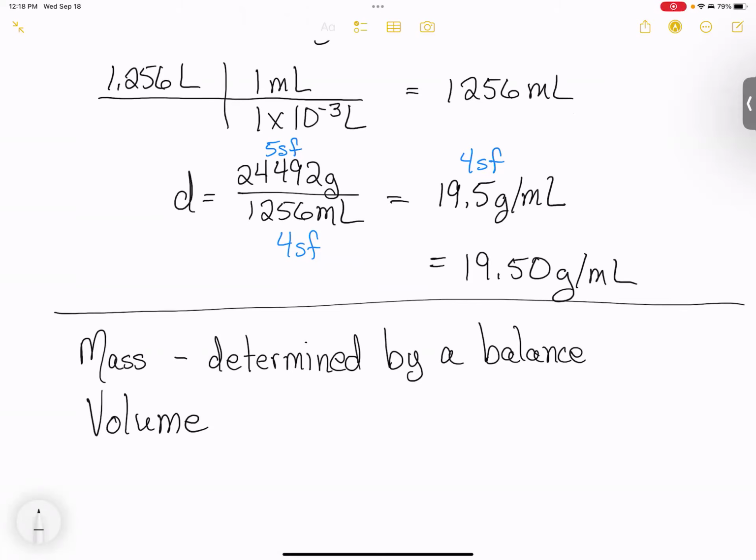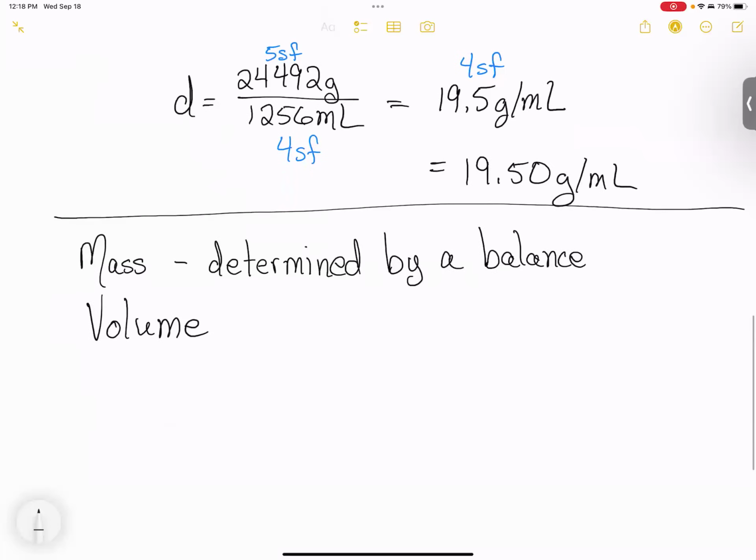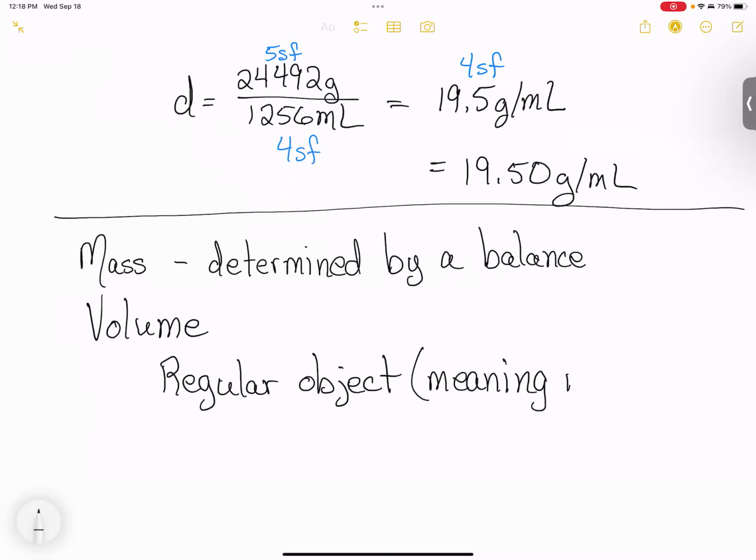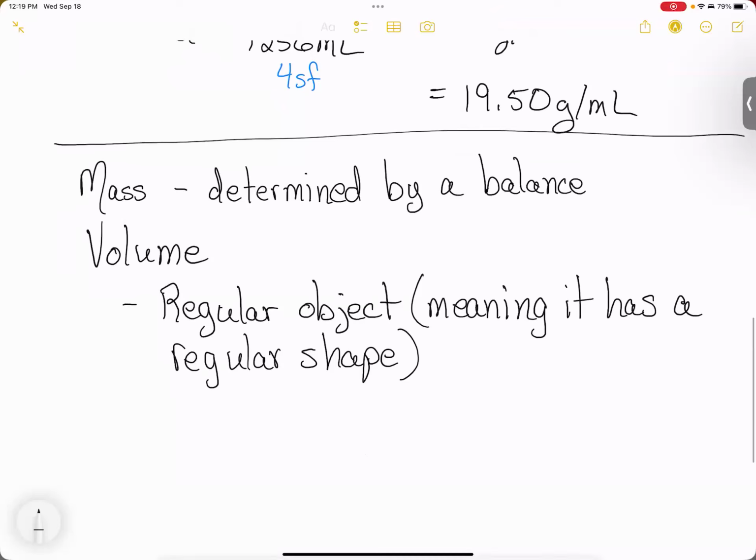Volume can be determined in a number of ways. If it is a regular object, meaning it has a regular shape, then we use geometry.